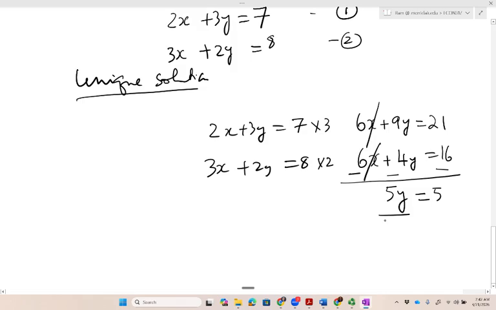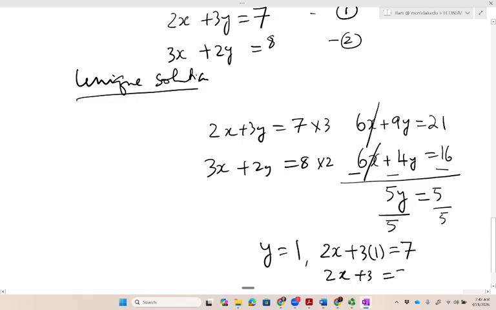I can divide both sides by 5 because I need y by itself on the left hand side, and I get y equal to 1. Once I have obtained the value of y, we can plug it in any one of the two equations, and we will be able to get the value of x. So let's do this. 2x plus 3 times 1 equal to 7. 2x plus 3 equal to 7.